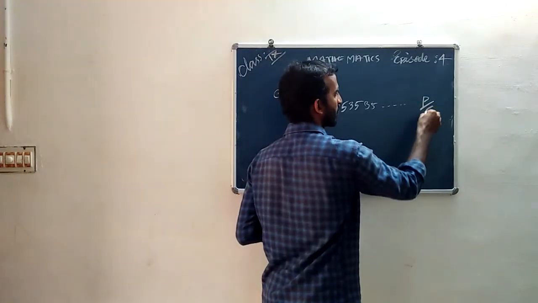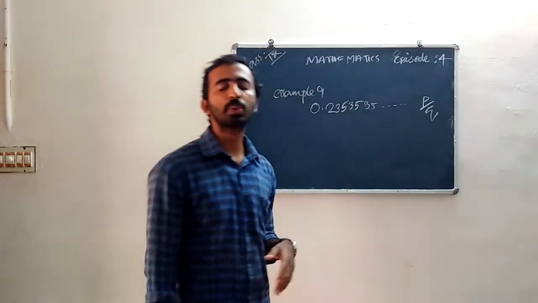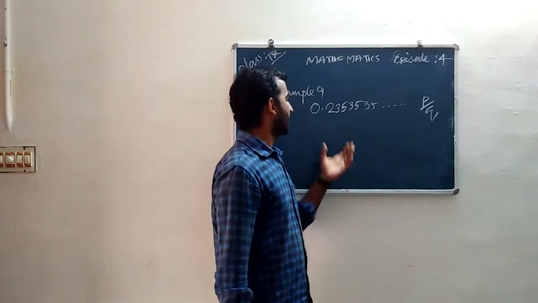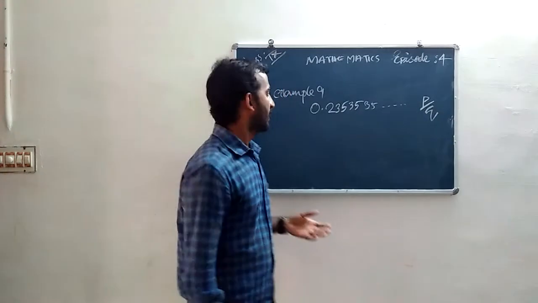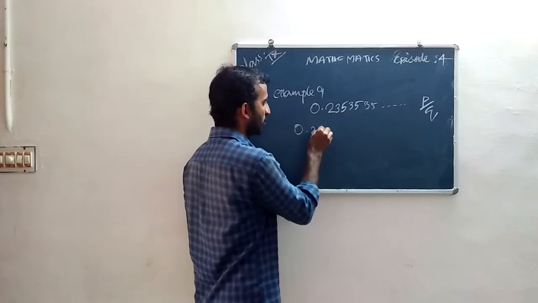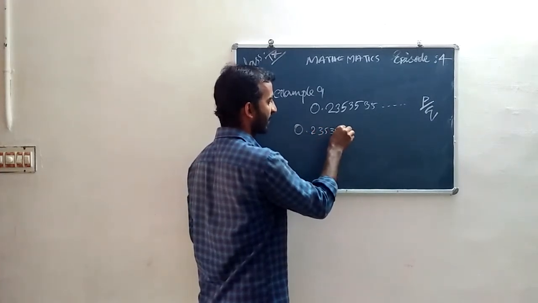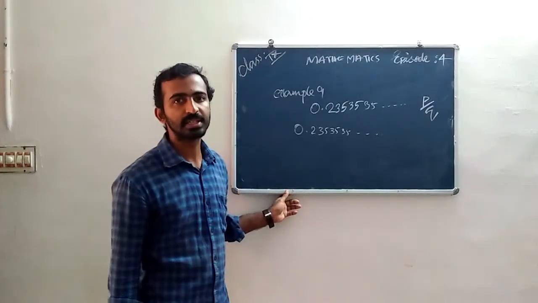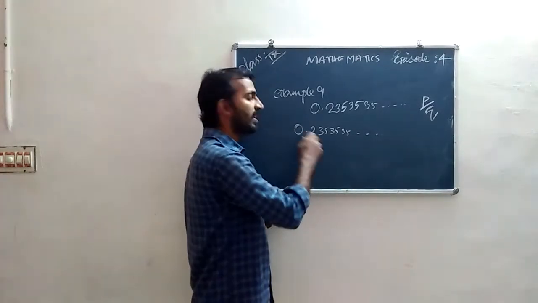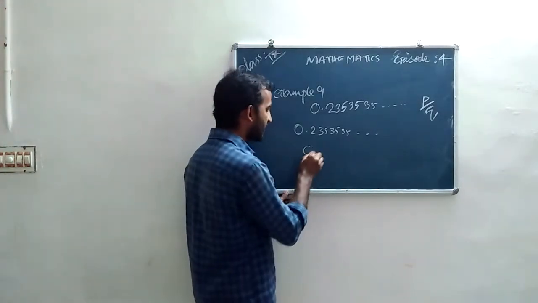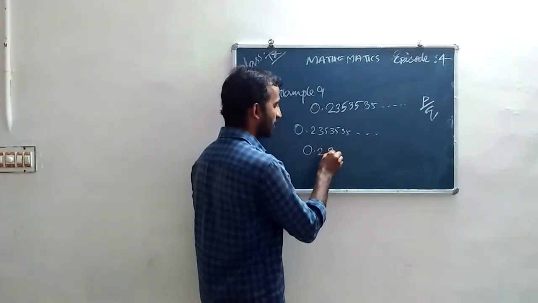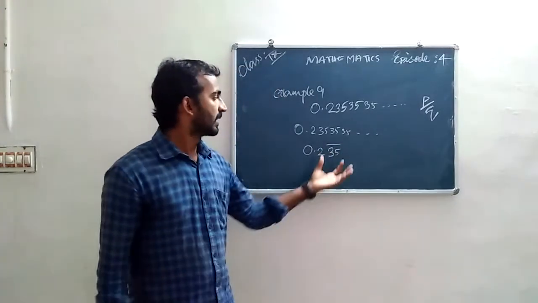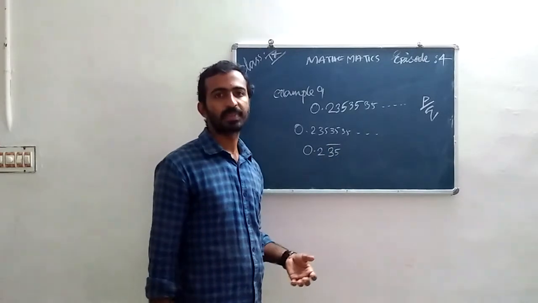We can convert it into p by q form, where q is not equal to 0. Here, in the number 0.23535 etc., 35 is repeating. So we can write 0.235 bar. This means the digits 3 and 5 are repeating.